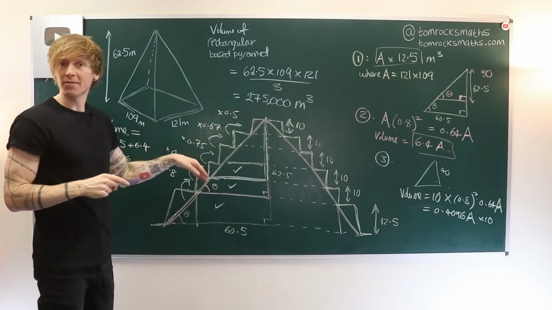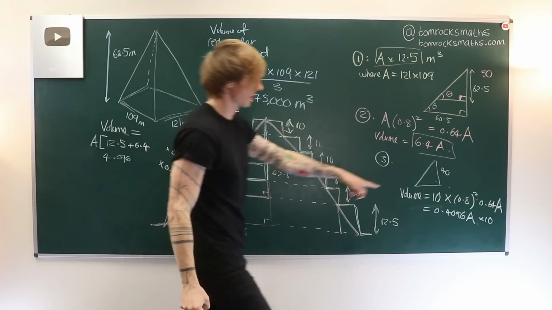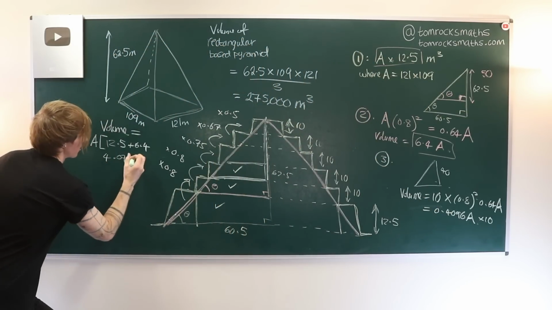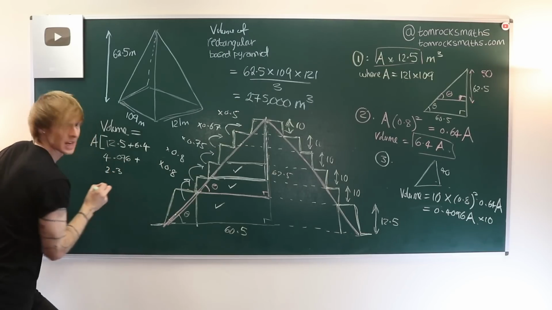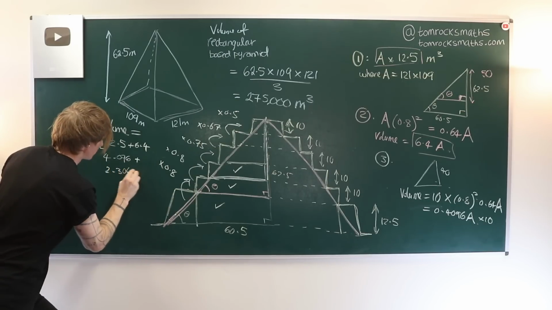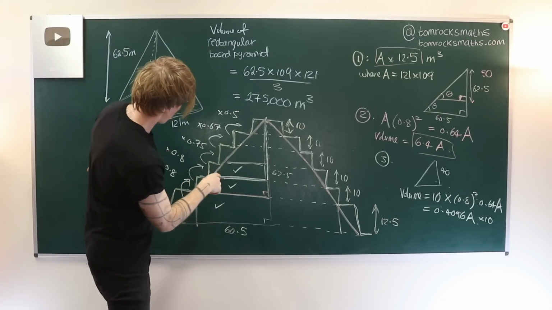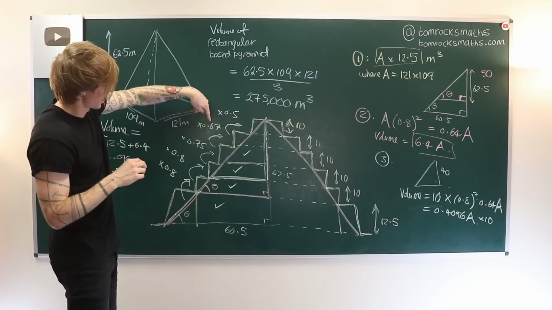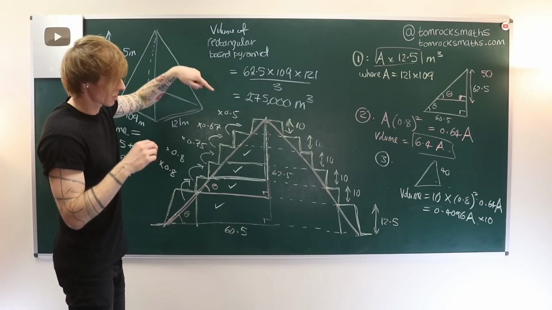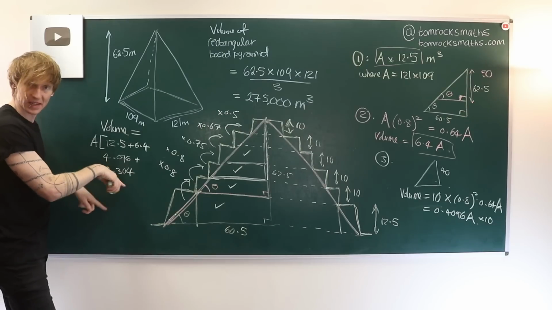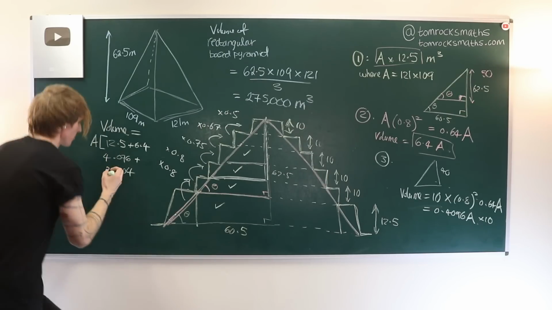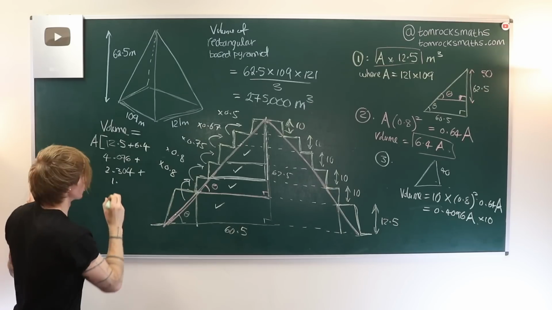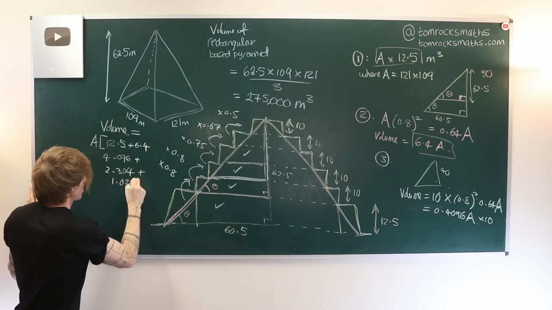Now we have to do 0.75 squared multiplied by this number and then multiplied by 10. So that's going to give me plus 2.304 times a. For this one, that's the fourth one, yep. And the next one, we then multiply by 0.67 squared times this number, basically, which will give you 1.024 lots of a.